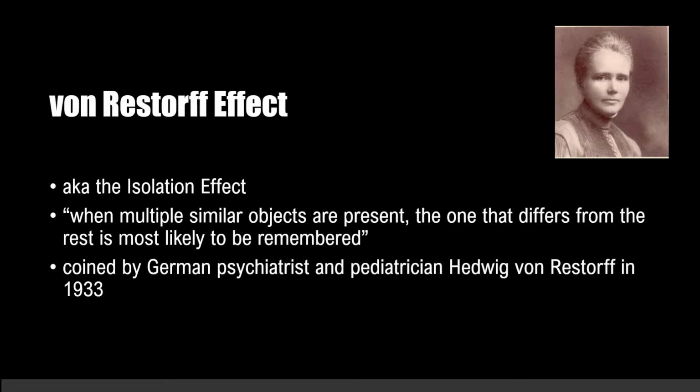Basically, it just says that when multiple similar objects are present, the one that is different from the rest is most likely to be remembered. Right? So the way that Dr. von Restorff conducted this study is that she presented people with a list of items.